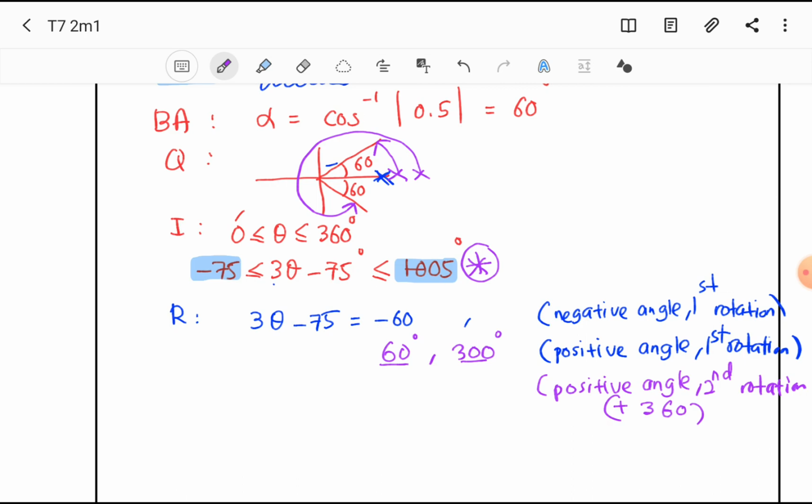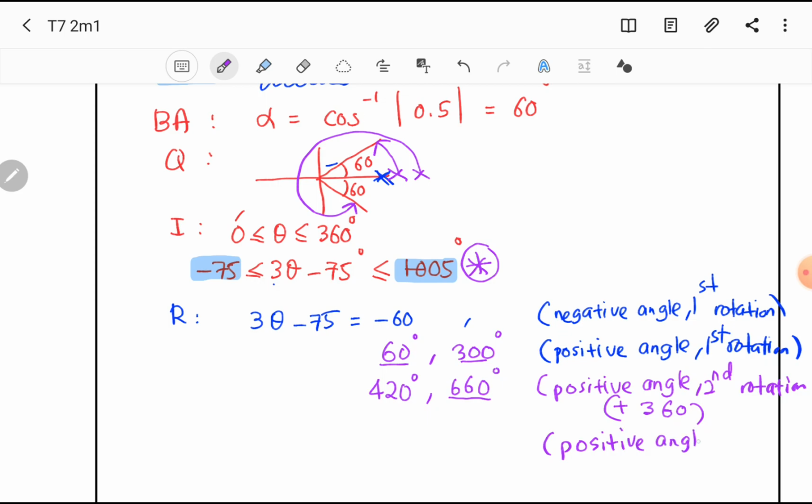So 60 plus 360, so we will get 420 degrees. Then 300 plus 360 degrees, so we will get 660 degrees. Okay, next. Still, nombor kita ni 660 ni still jauh lagi daripada 1005. Okay, so kita akan tengok lagi the next cycle, the next rotation.